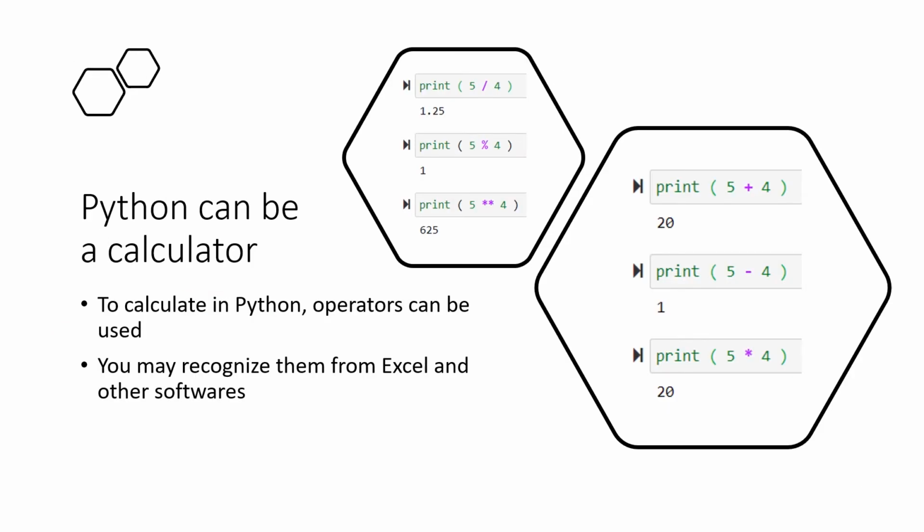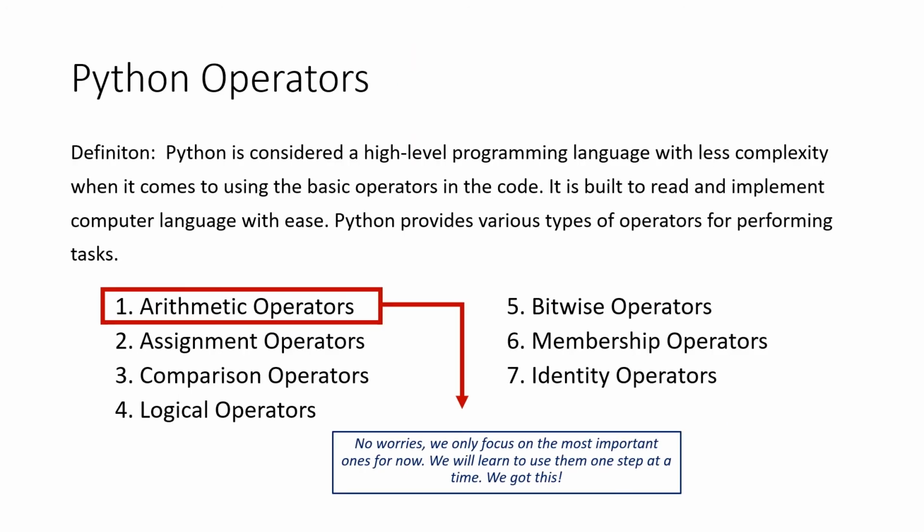Now, Python as a calculator is also very straightforward. Maybe you already remember those formulas from your Excel course, and it's quite straightforward. Just apply them as you would apply them in Excel, and you will get the same results. We call them in Python arithmetic operators, and now to those Python operators, a small definition.